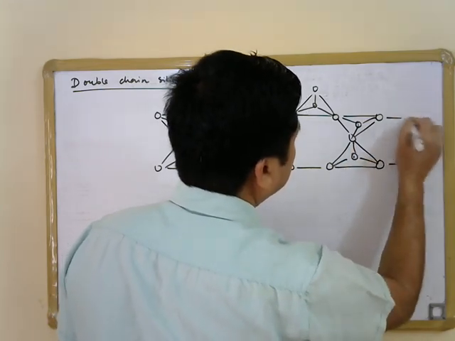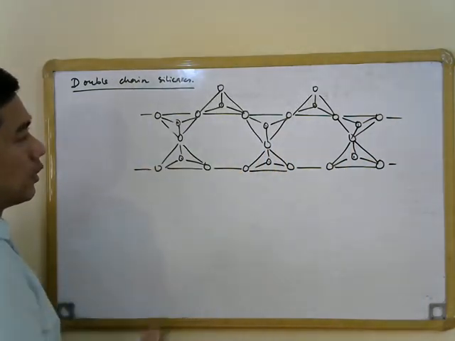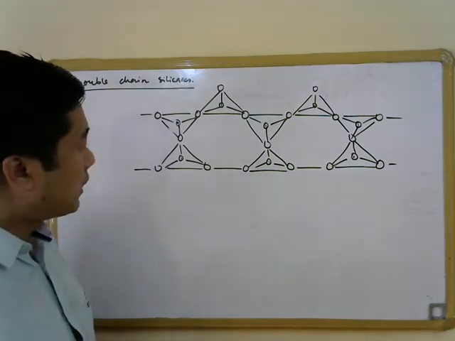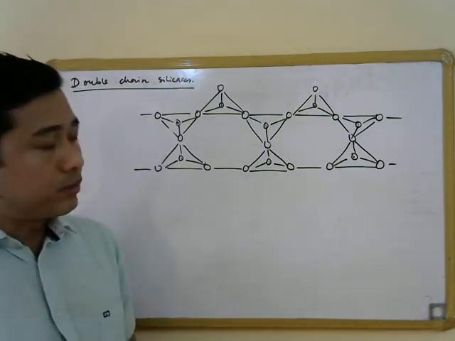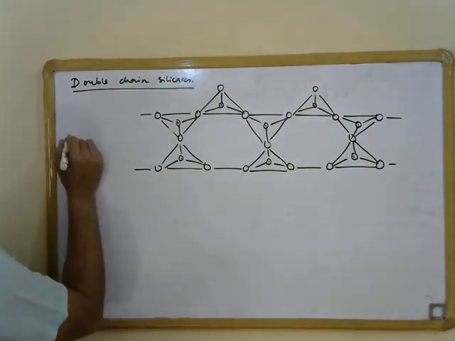So this is how the chain can get extended, or two chains can get joined together, and double chain silicates are formed. These are also called amphiboles.